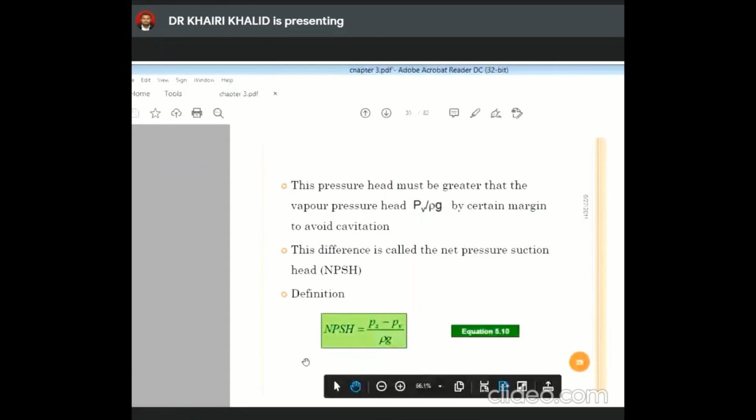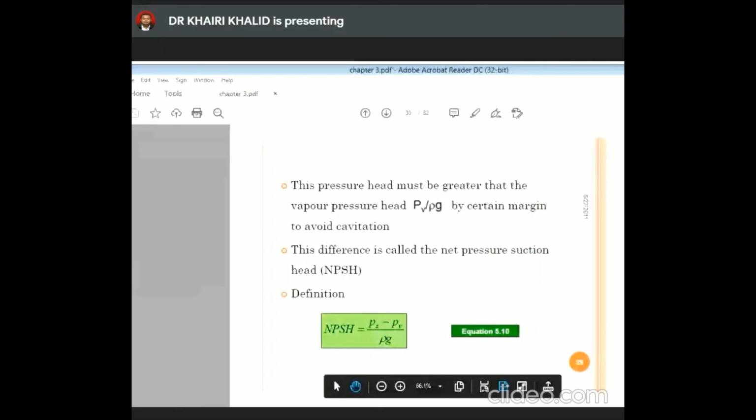The pump is one thing, the system is another thing. We want to combine the piping system with the addition of the pump, and the property of the pump must fulfill this.